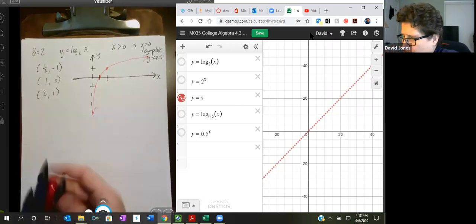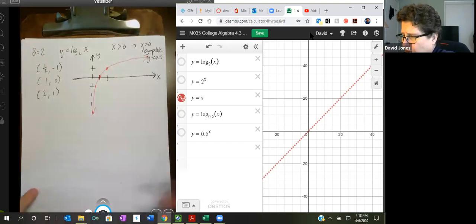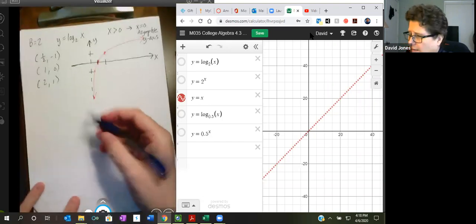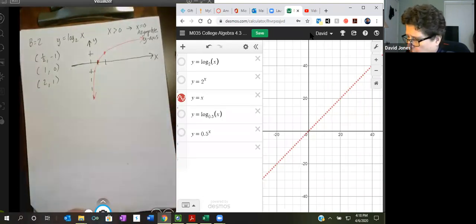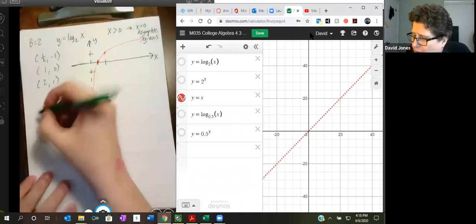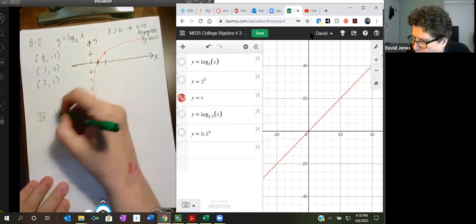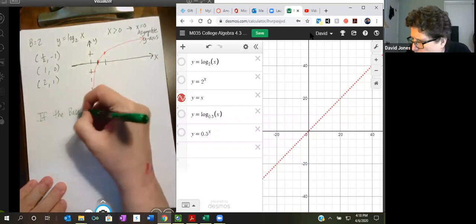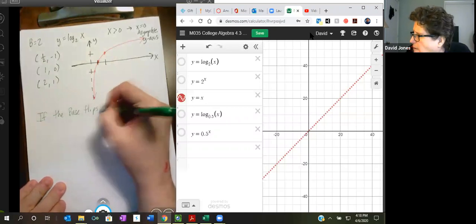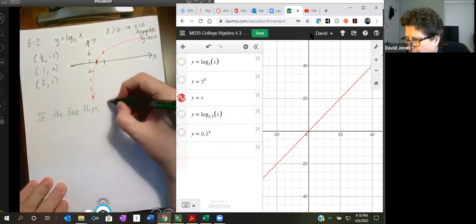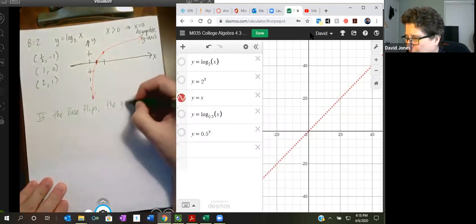What happens if we flip b over? If the base flips over, what happens? Guess what? The graph flips.